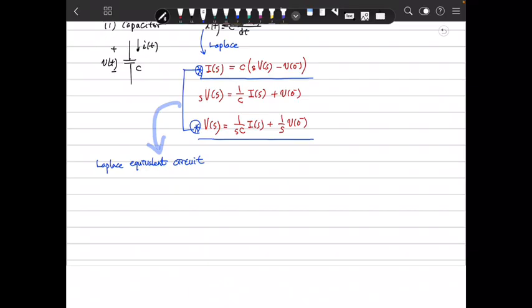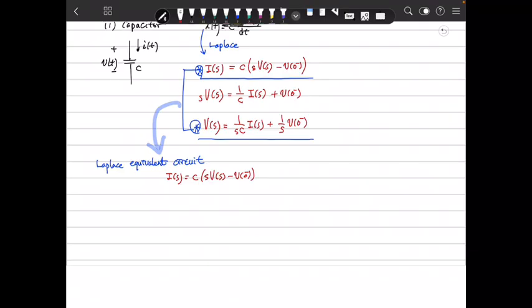In the case of the first, we can define here, if you use Is equals C s Vs minus C times the initial value.